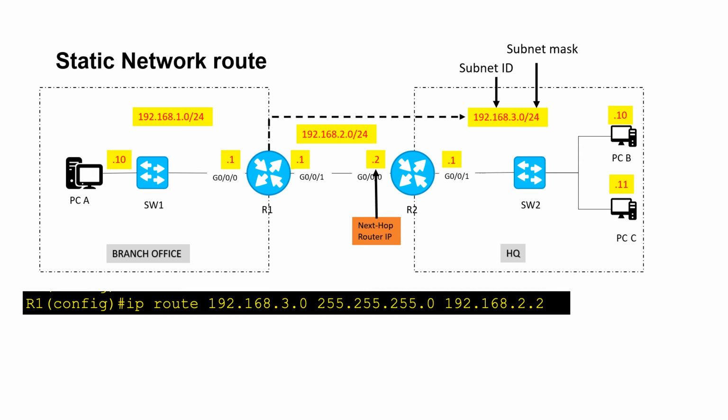This route basically says that on R1, to send packets to the subnet of router R2, send them to R2's interface IP address to reach the 192.168.3.0 network.